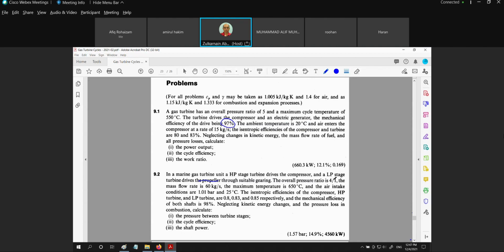Given the overall pressure, and the mass flow rate, and the maximum temperature is 650.